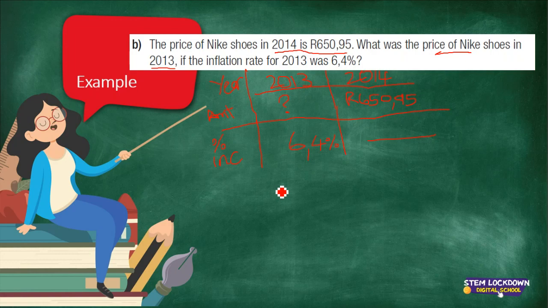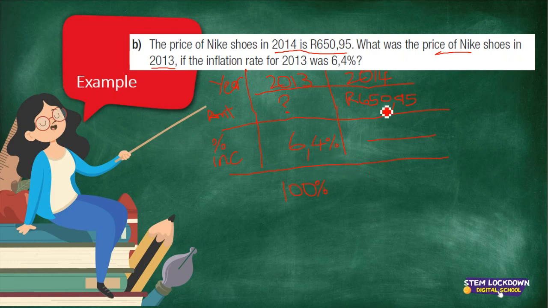Now what we need to understand is that there's an increase of 6.4%. Remember, the original amount is always represented by 100%.